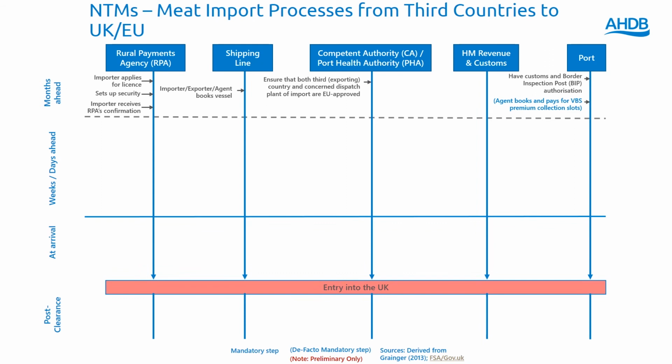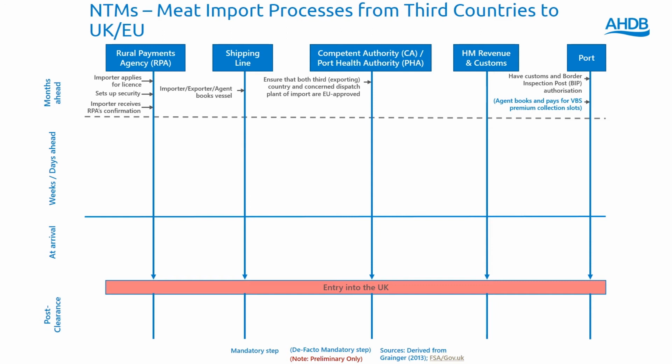So if we look first of all months ahead in terms of what happens, the importer will typically apply for a license to import from a third country into the UK or EU27 market. That will mean that they'll need to apply for licenses, involve the Rural Payments Agency within that, get securities, for instance, set up as well, and ensure that they have the required confirmations that trade can take place.